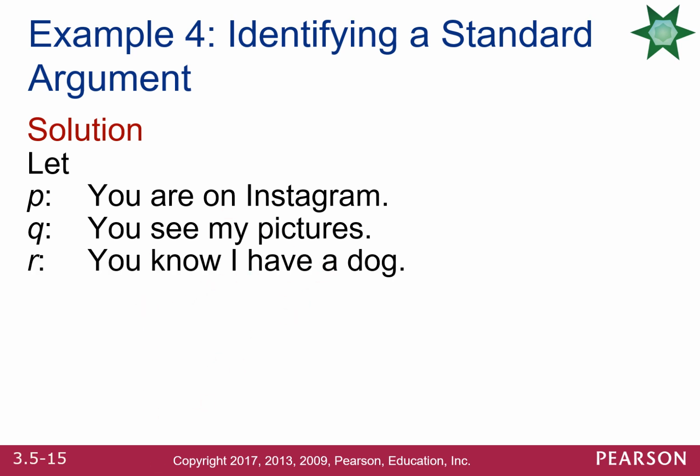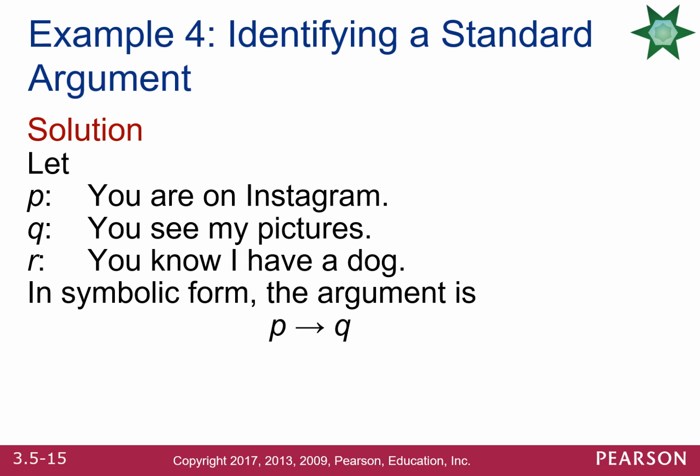And then we construct the symbolic form of it, which is if P then Q, followed by the second premise, if Q then R, if you see my pictures, you know I have a dog, followed by the conclusion, which is if you are on Instagram, then you know I have a dog.